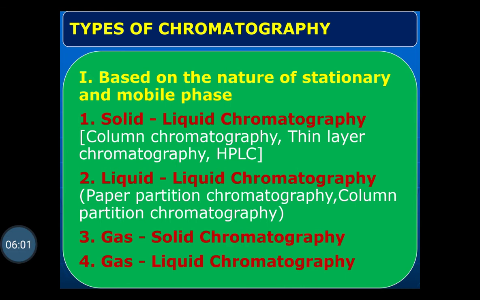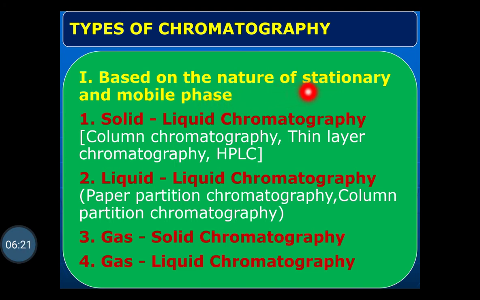Now, the types of chromatography. Chromatography can be classified in different ways. The different types are based on the nature of the stationary phase and the mobile phase. As we already discussed, chromatography consists of a stationary phase and a mobile phase.